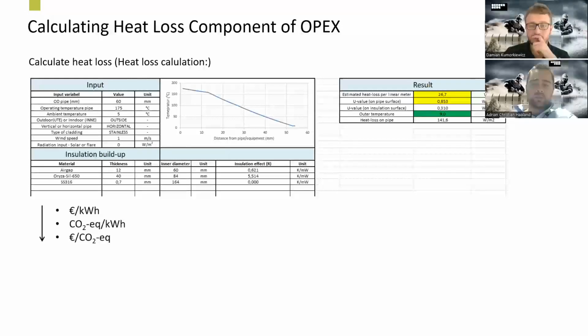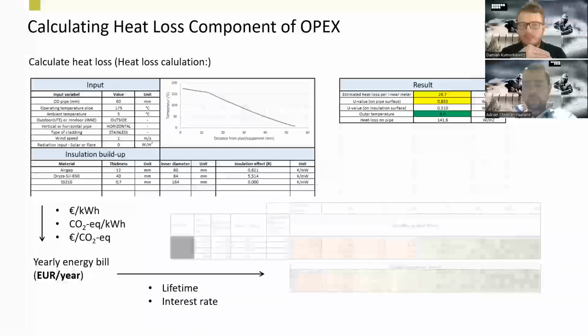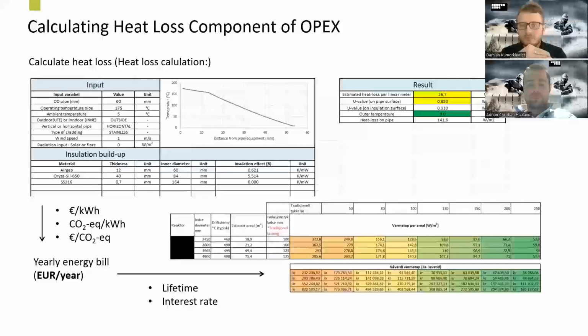Using the energy price, we can translate this into a yearly energy bill for that specific piece of equipment. And by calculating different thicknesses and summing up the lifetime and discounting for net present value using an internal rate of discounting, we can establish lifetime operating cost net present values for different insulation thicknesses.